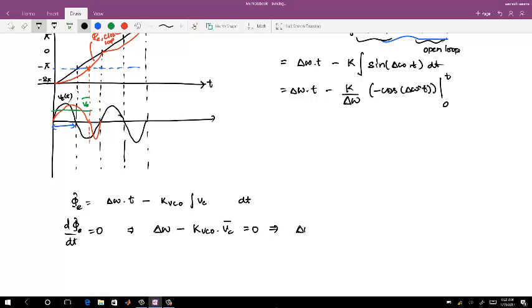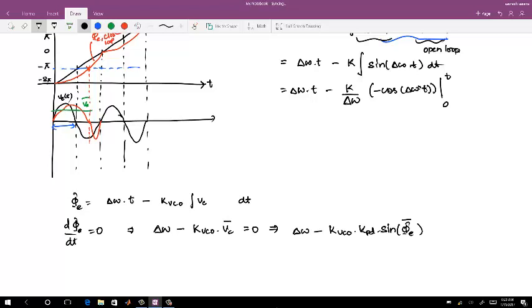And this is the same as delta omega equals K_VCO K_PD times the average voltage you have generated at the phase error detector, which is some value phi e average, because the phase detector output is sin phi.